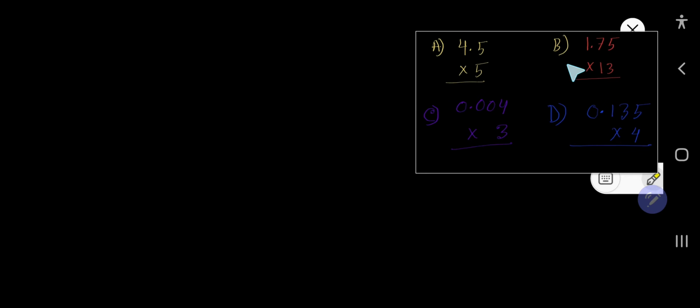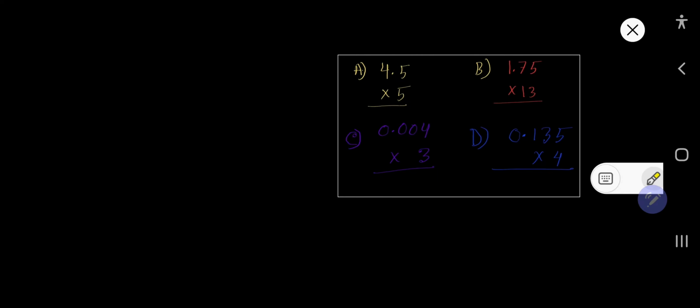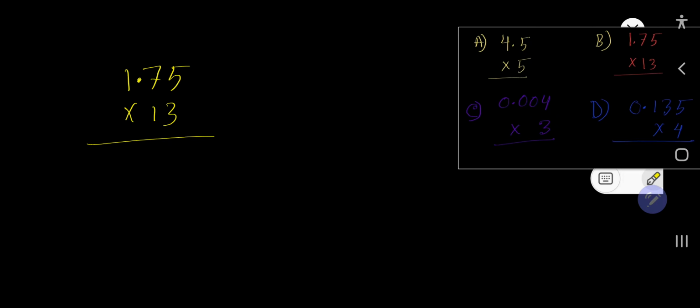Okay, so let us take the second example. 1.75, and you need to multiply this by 13. So how to do that? At first, write the problem without the decimal: 175, then 13, and carry out the normal multiplication.